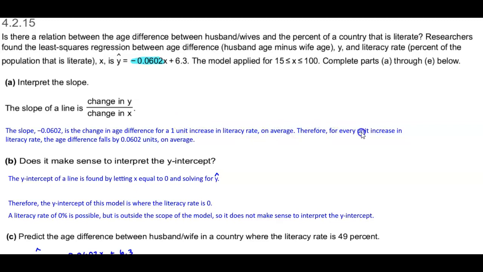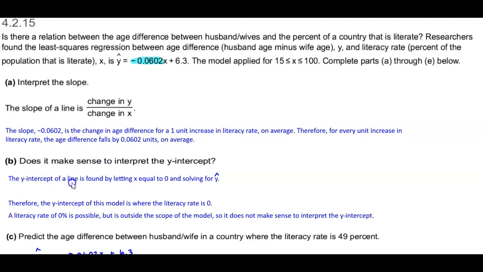Therefore, for every unit increase in literacy rate, the age difference falls, because it's negative, by 0.0602 units on average. Now, does it make sense to interpret the Y-intercept?